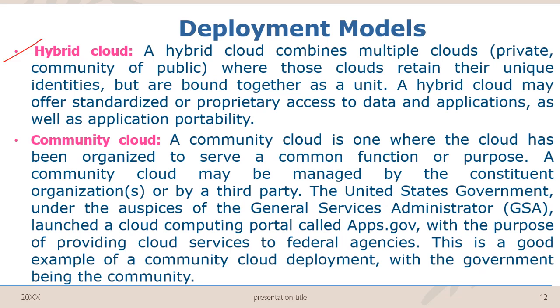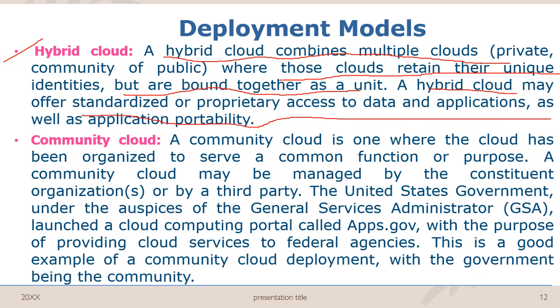Let's discuss hybrid cloud. A hybrid cloud combines multiple clouds where those clouds retain their unique identities but are bound together as a unit. A hybrid cloud may offer centralized or proprietary access to the data and applications as well as application portability. Community cloud.